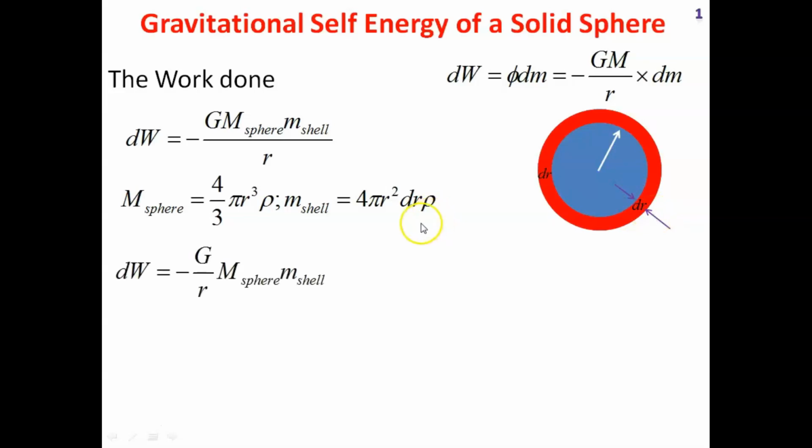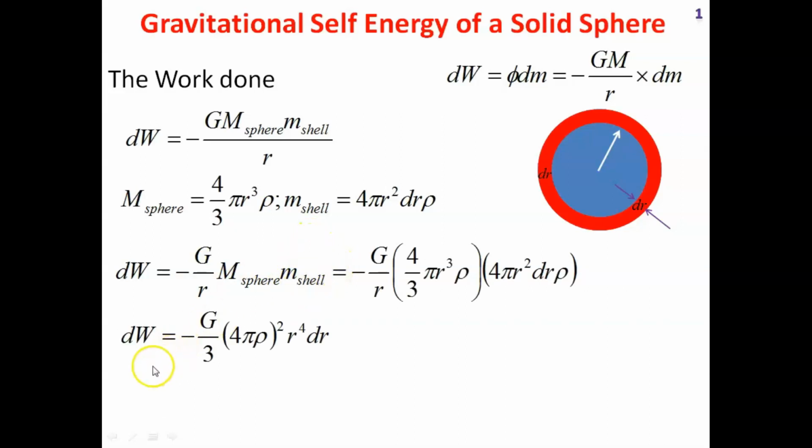Now dW, which is minus G upon r, M sphere into m shell, we shall substitute the values, and we shall simplify the equation. dW, work done or potential energy of the system, will be minus G by 3 into 4 pi rho whole square r to the power 4 dr. Total work done we can find by integrating the spherical shell from r equal to 0 up to capital R, which is the radius of Earth.